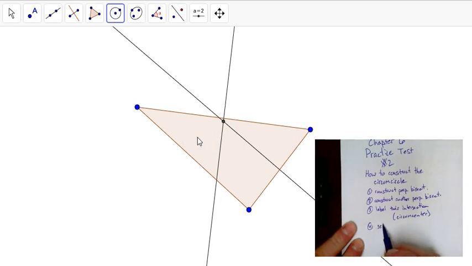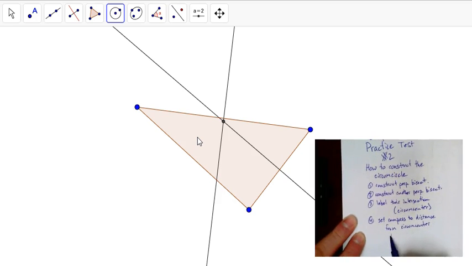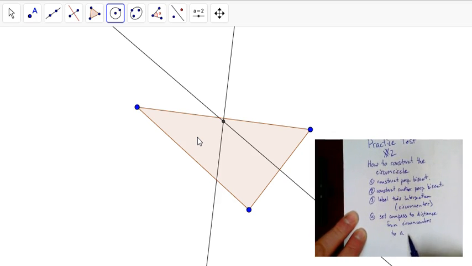So, set compass to distance from circumcenter to a vertex. Doesn't matter which one.